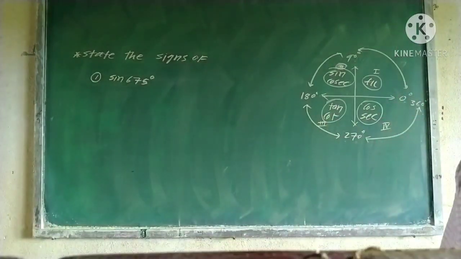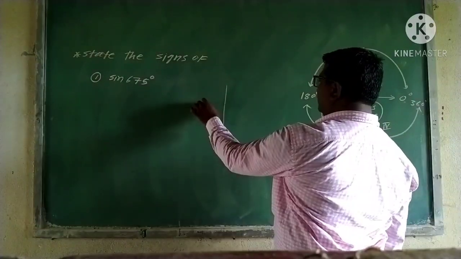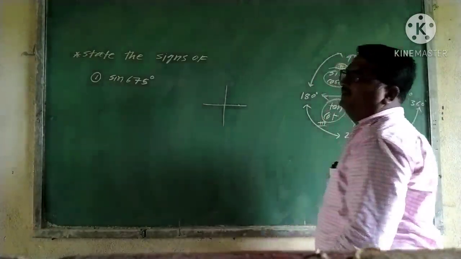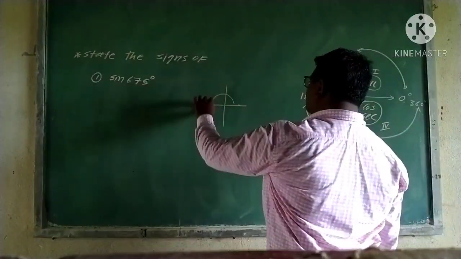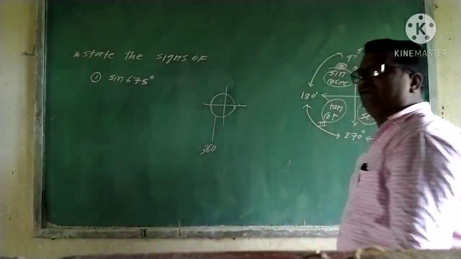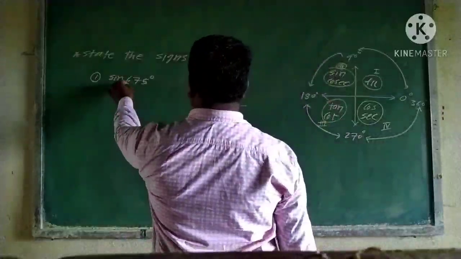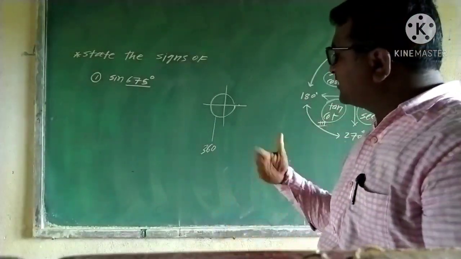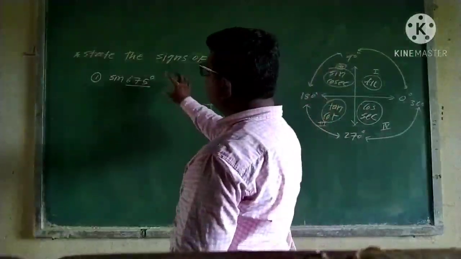When the terminal ray completes one revolution from the initial ray, the angle made is 360 degree. Here 675 is greater than 360, so we can write 675 as the sum of 360 plus the remaining terms.